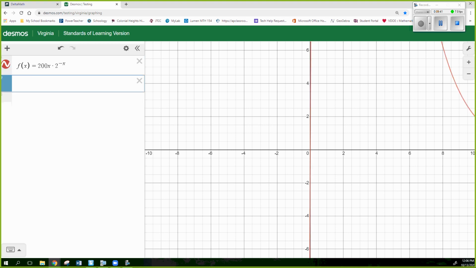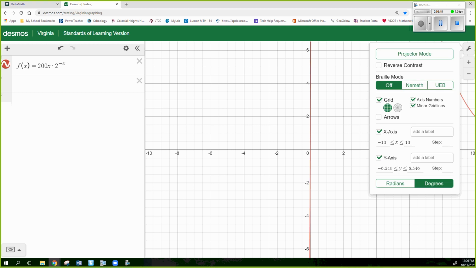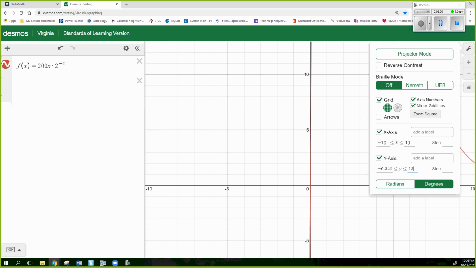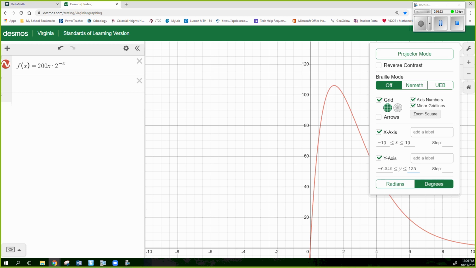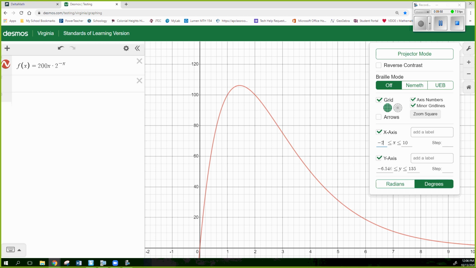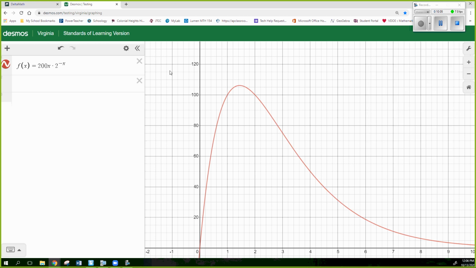I do have to change my window. Remember, we did all this before on our calculator. So that should look like the one we did on our calculator. Are you guys okay with that? Okay. All right. So now I'm going to graph the derivative.